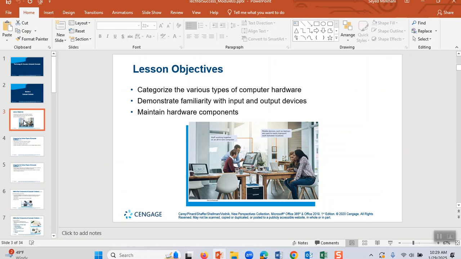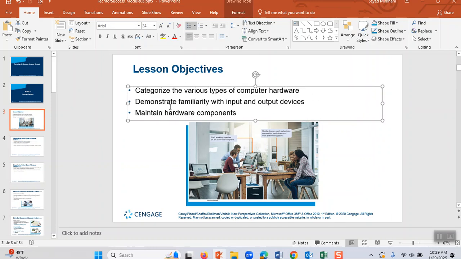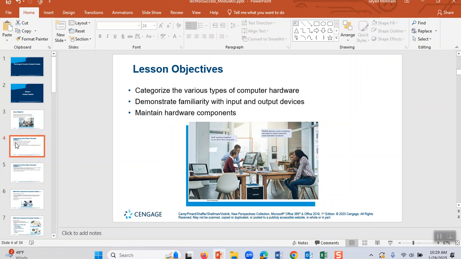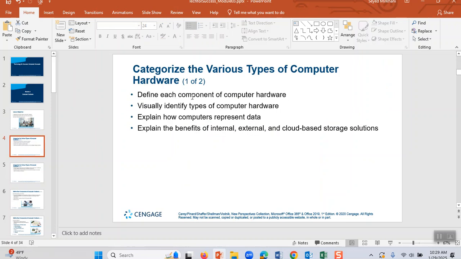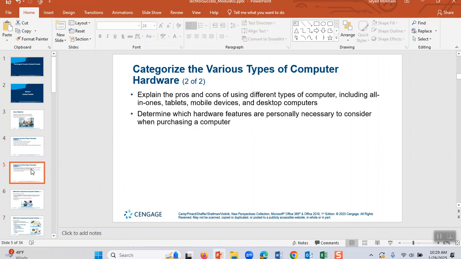But anyhow, the purpose of this chapter is learning about different types of computers, input and output devices, and how to maintain hardware components. We want to identify each component of hardware, and then other issues, and we will talk about them.